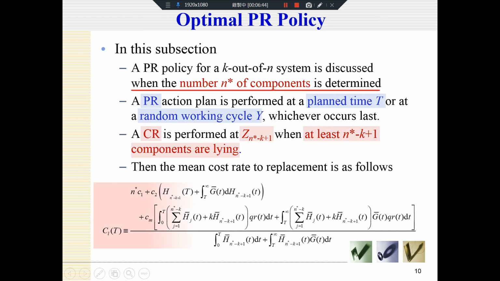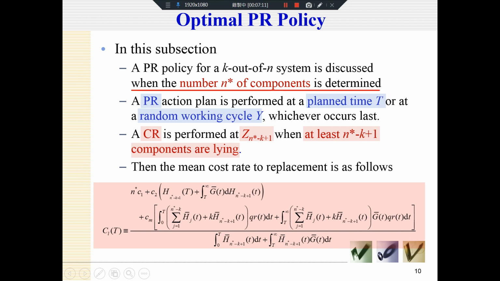In this section, a PR policy for the K out of N system is discussed when the number N star of components is determined. A PR action is performed at planned time T or at random working cycle Y, whichever occurs last.